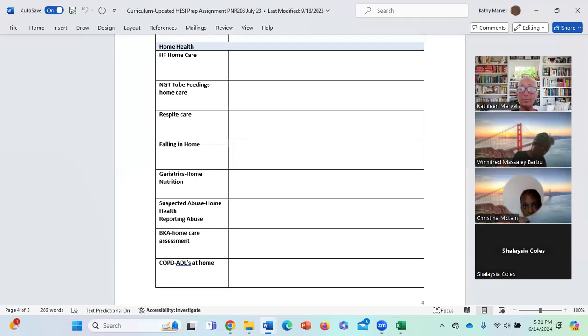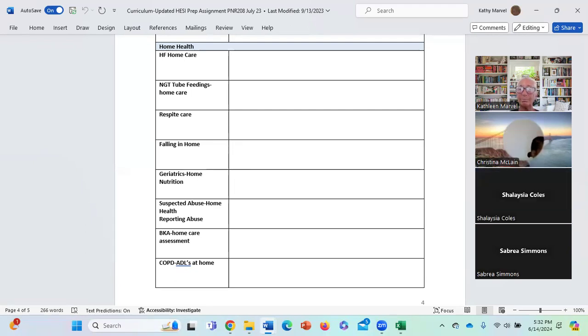What's respite care? Anybody else want to jump in besides Christina? What's respite care? Respite care is when someone else takes care of the person you care for so that you can have a break. Yeah, giving the caregivers a break.